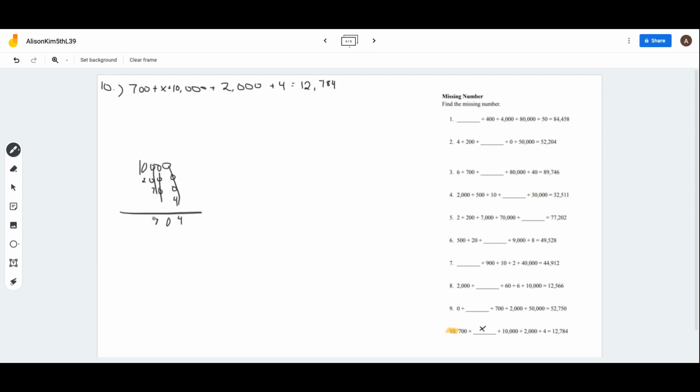So 700 plus 10,000 plus 2,000 plus 4 will give us 12,704. And we're going to add that to the x. And now we just bring down the 12,784.